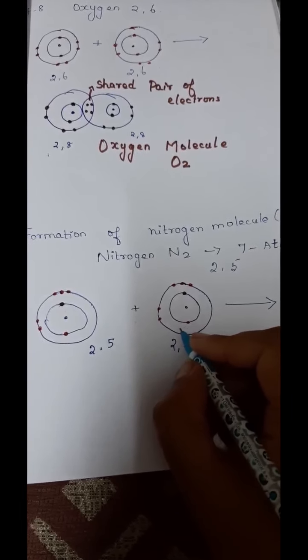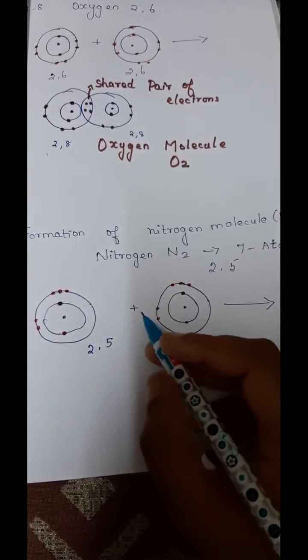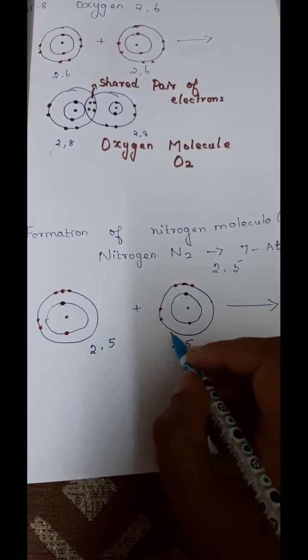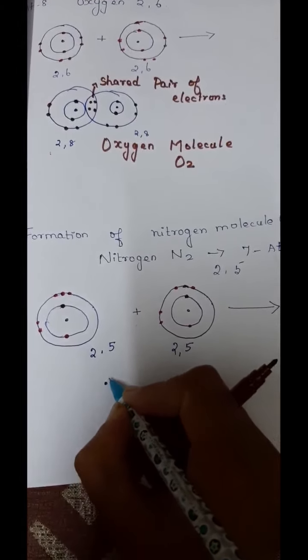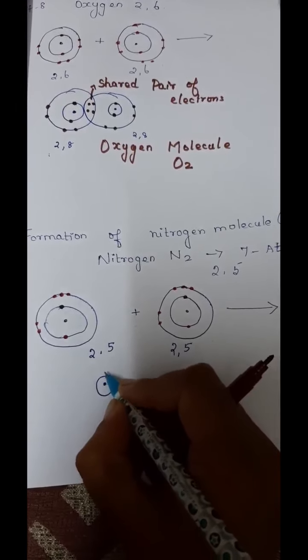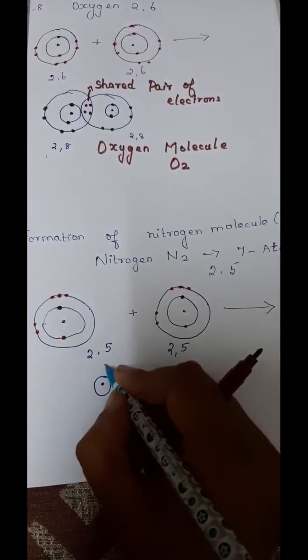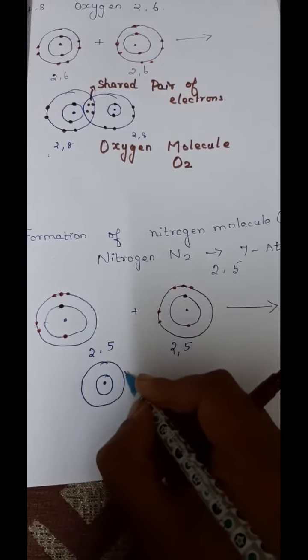Here now, how is it shared to attain the stable configuration? Okay, we'll look at that one. The first shell will be having 2 electrons, and this is your next shell.